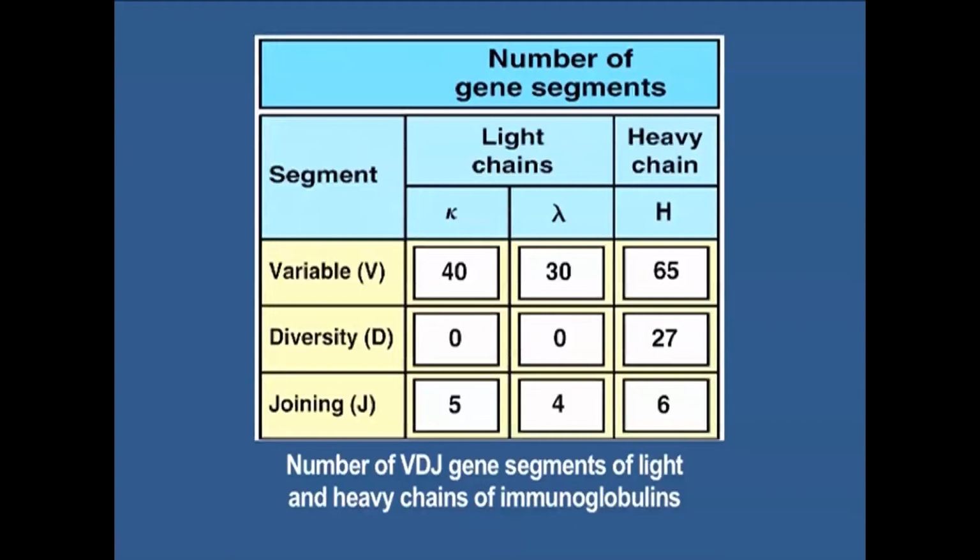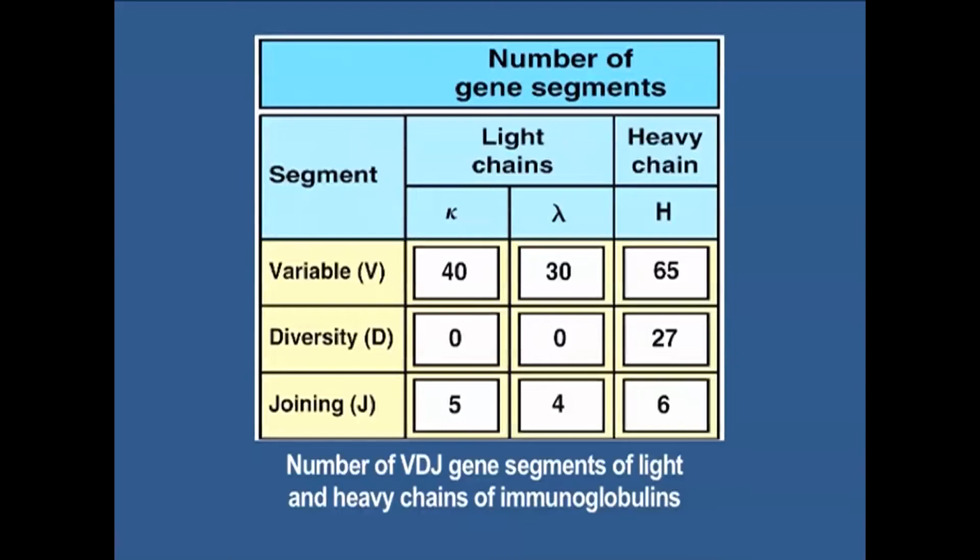V is for variable, D for diversity and J for joining. You can clearly see that out of this kappa or lambda or H subunit, all the VDJ segments are more in the heavy chain and relatively less in the light chain. In fact, the diversity is minimum in the light chain, so they are more conserved that way.